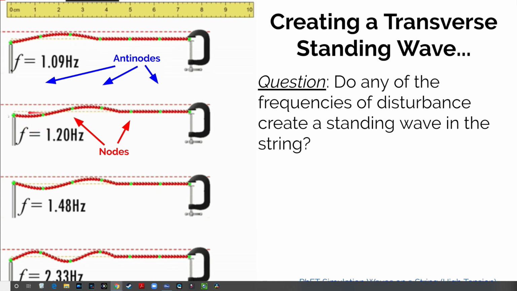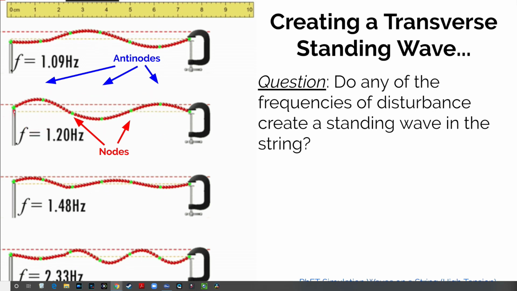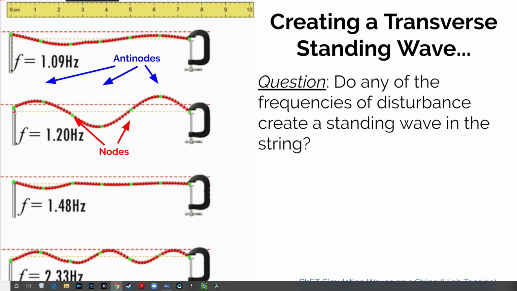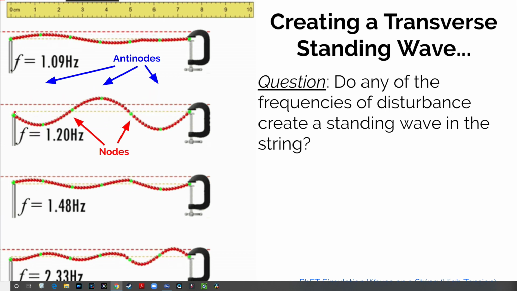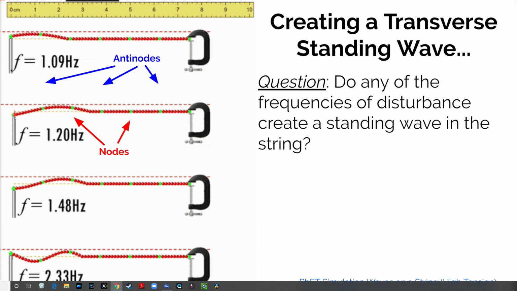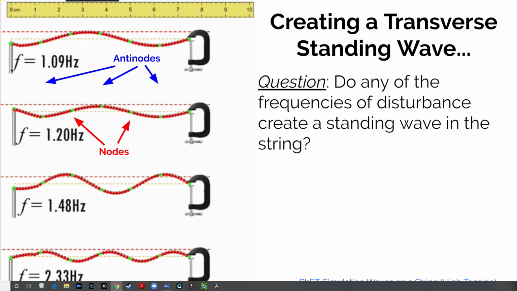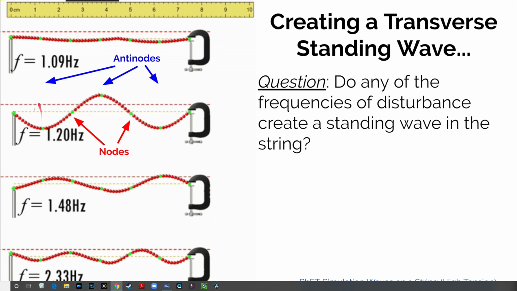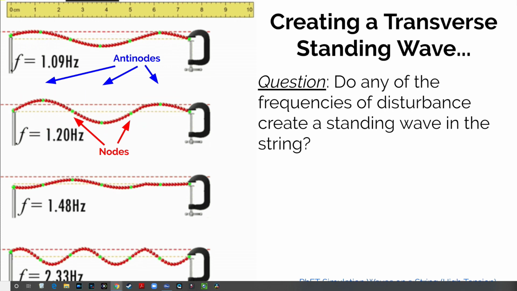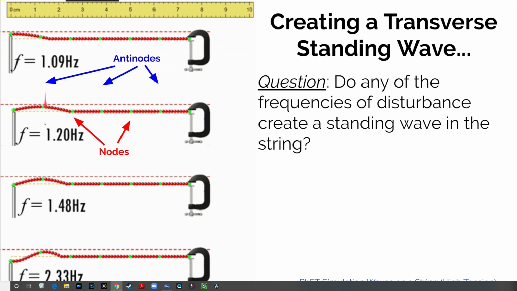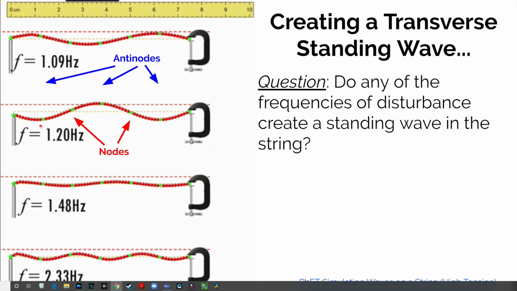that's not moving from equilibrium, so that has to be a node. And technically, if we look at the other end, this is the spot where the person is disturbing the material. And so it's technically not still, it's not fixed. But what do you notice about the displacement, the initial amplitude, compared to the maximum amplitude of the standing wave? Well, a small amplitude disturbance at the right frequency will create a very large amplitude standing wave.